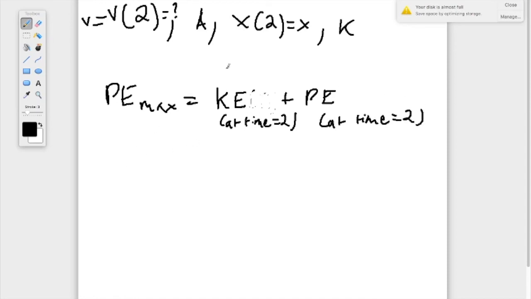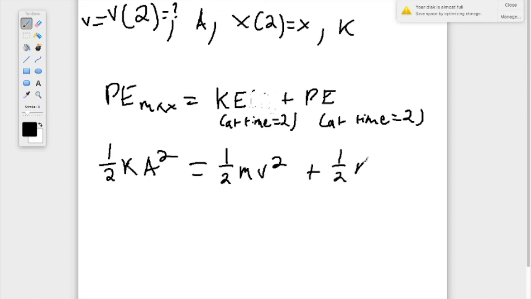We can derive the potential energy max because you're given the spring constant and the amplitude, and then we can do 1/2 m v squared, at t equals 2, plus 1/2 k x squared, at t equals 2.